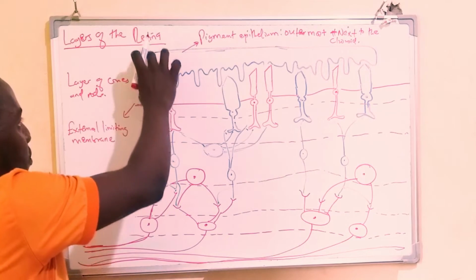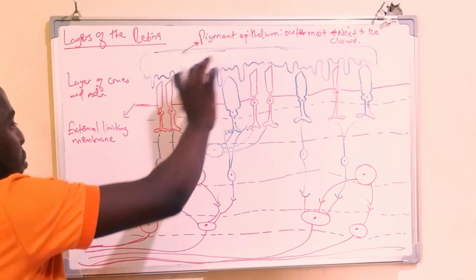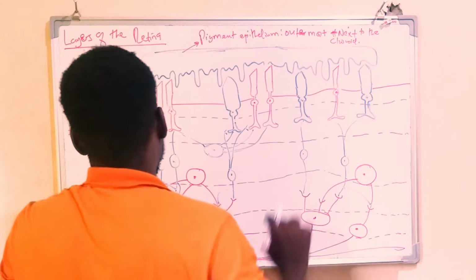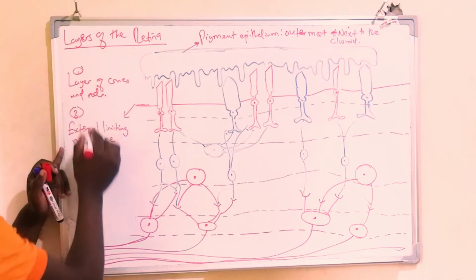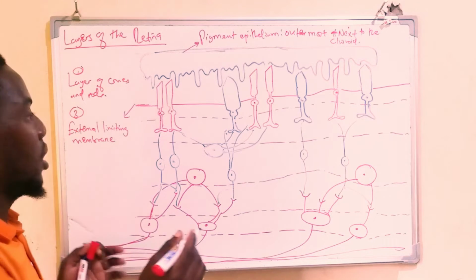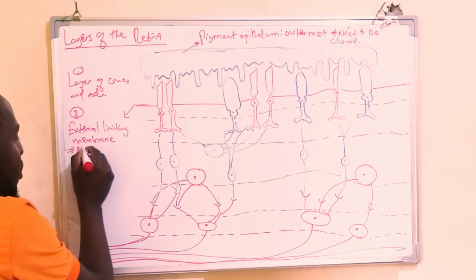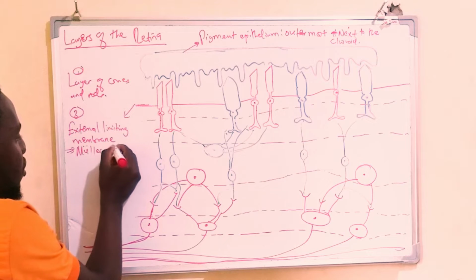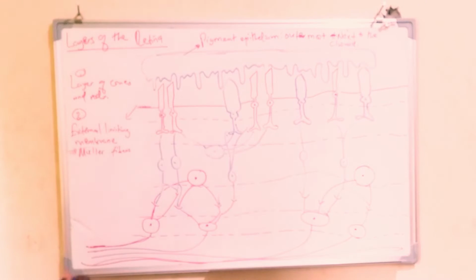It's in between the outermost layer, which is the pigment epithelium, and the external limiting membrane, and it has cones and rods. Then the third layer is the external limiting membrane itself. This one is actually the chief supporting element of the retina. It is made up of Muller fibers.